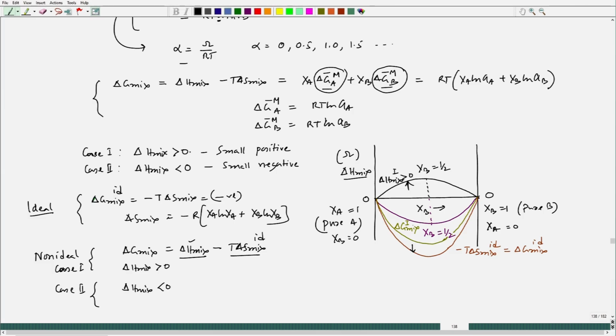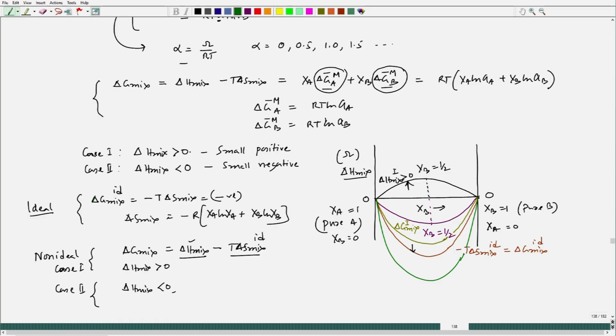Using similar logic, since it is negative, and minus T del S mix ideal is also negative, the entire Gibbs free energy for mixing would go down compared to the ideal case. So, that plot would be this one.